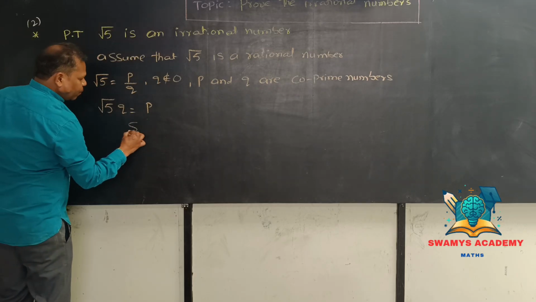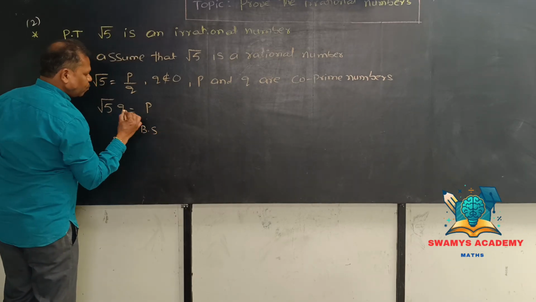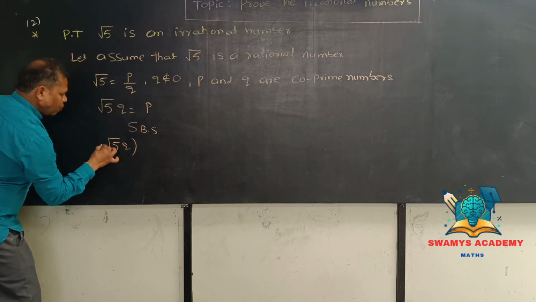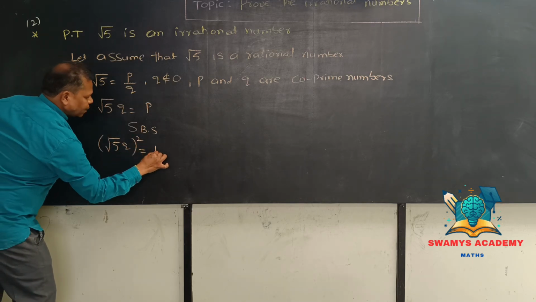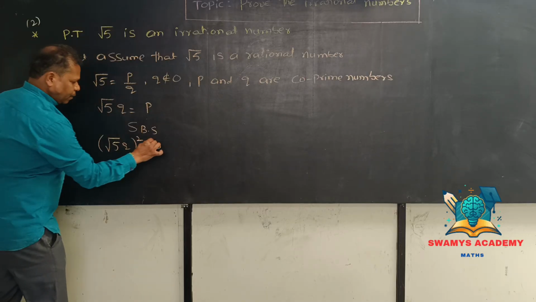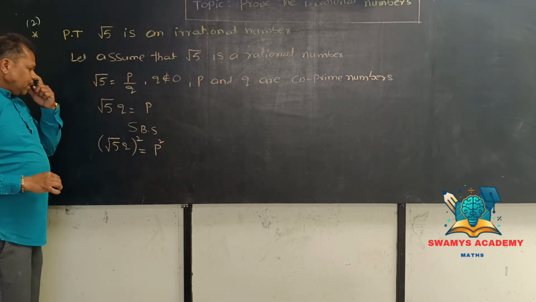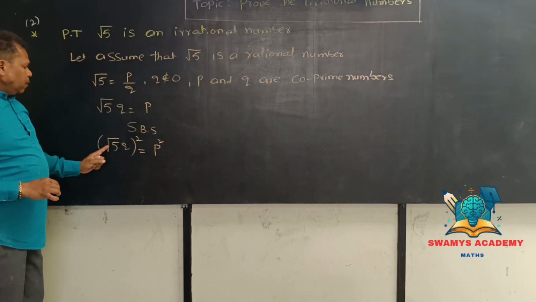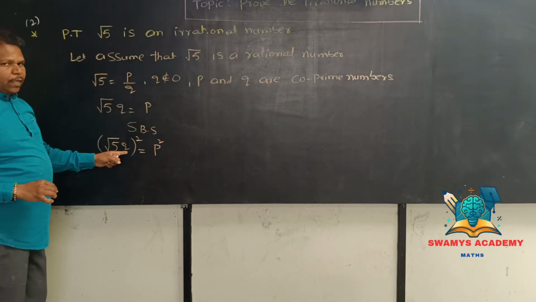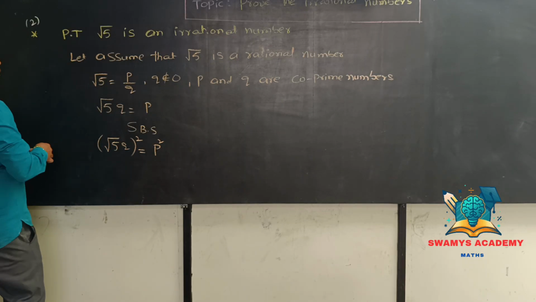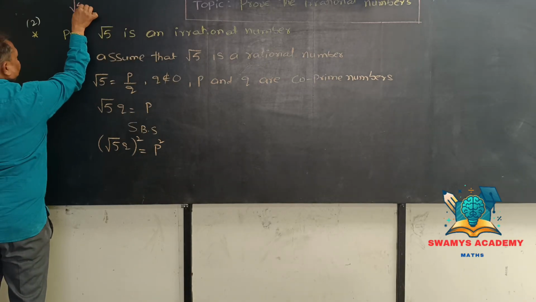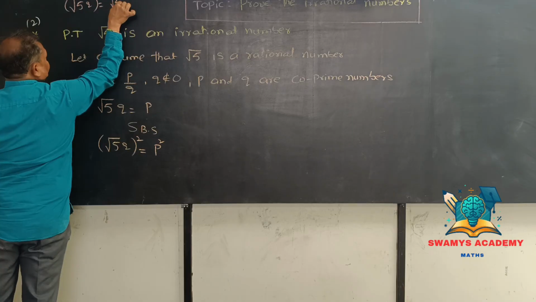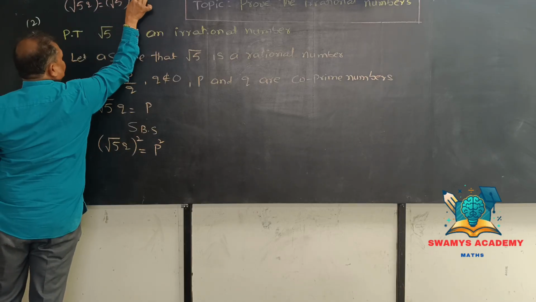After that, squaring on both sides. Square root of 5 q whole square equals p square. Square root of 5 q whole square equals square root of 5 whole square and q square.